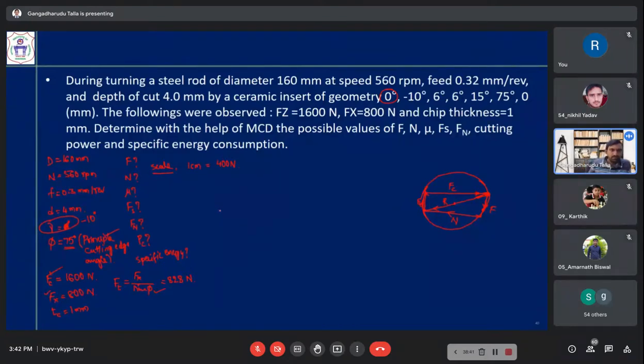Mu also you can find. F by N is nothing but mu. So tell me these three. You can just measure it and multiply with the scale that you have taken.